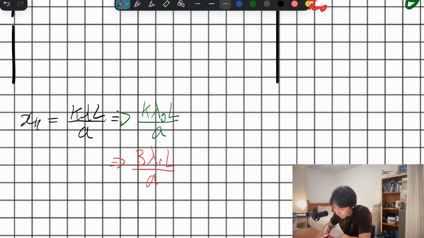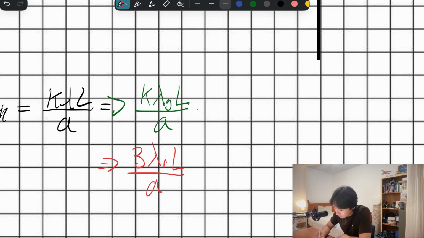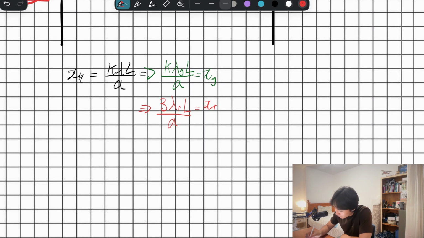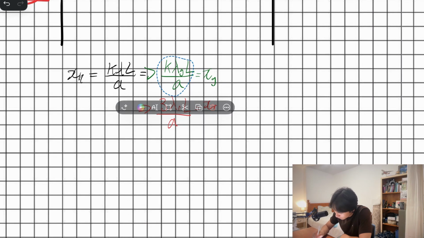And we know that this maxima here, the green maxima, let's call that x green, and the red maxima are overlapping, meaning that they are equal. So let's put these two equal.